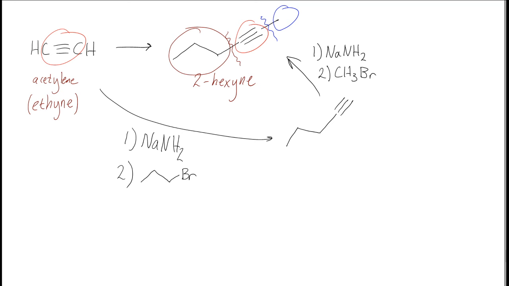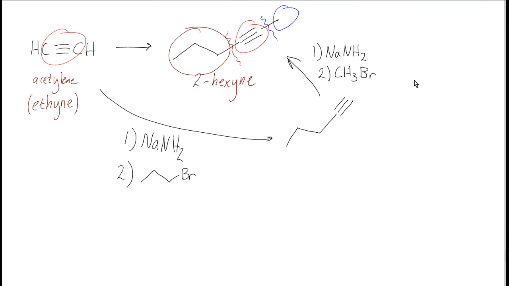Deprotonating and then you're substituting with what? Whatever you need. So in this case, we want to put 3 carbons on, so we use a 3 carbon group with a bromine to do that substitution. And then in the last one, we deprotonate again, the other side, and add the 1 carbon onto the other side.